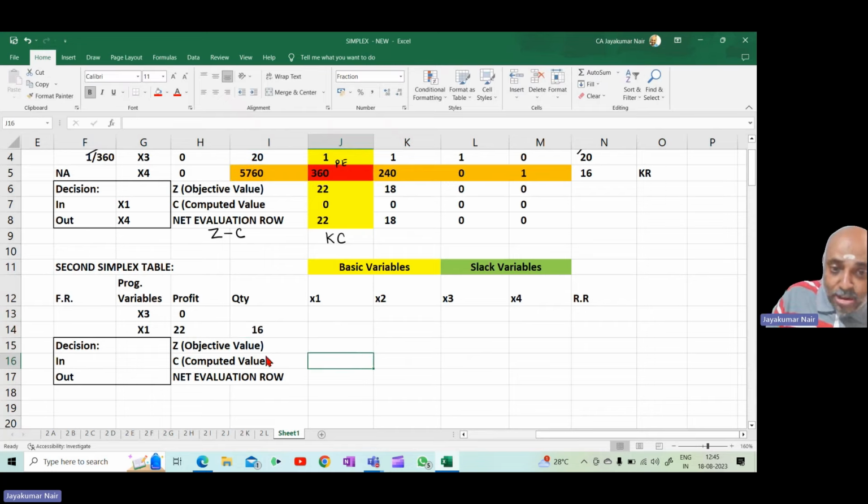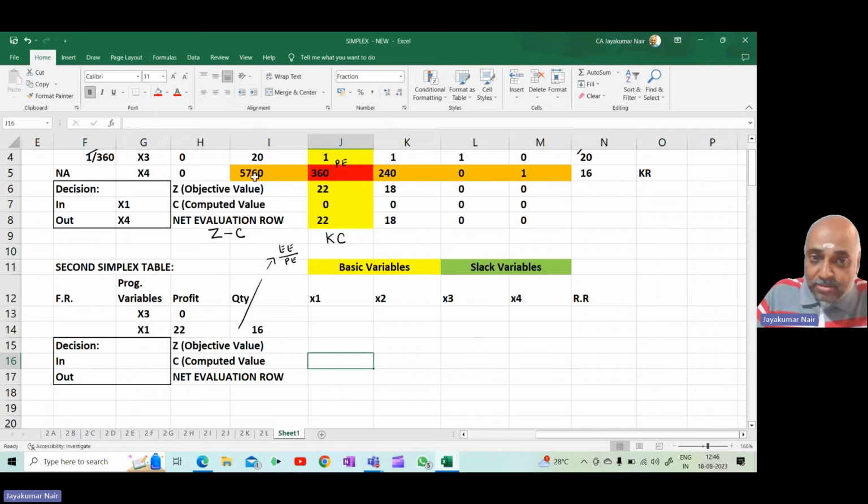So I repeat, for the key row, how do you compute the values? It is the existing element divided by the pivot element. Go to the previous table, see what the value is there, and divide that by the pivot element.